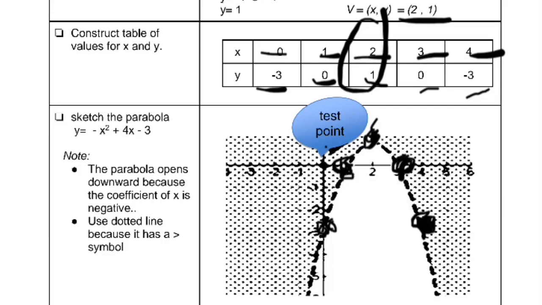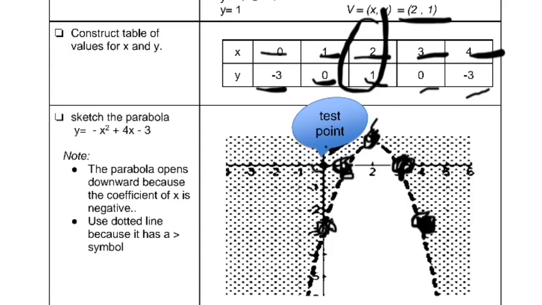Since the given inequality is greater than, you're going to have broken lines. Then you're going to choose a test point. The easiest point that you can use is the origin (0, 0). You're going to substitute x and y with 0. If it is true, then you're going to shade the outer part.